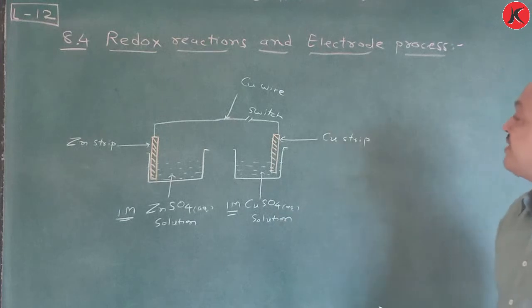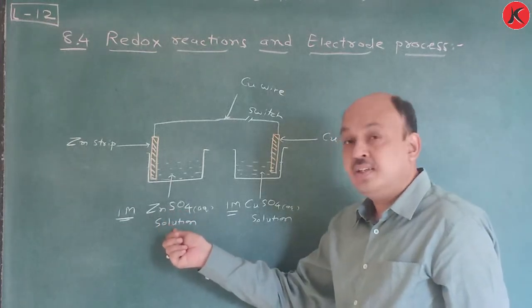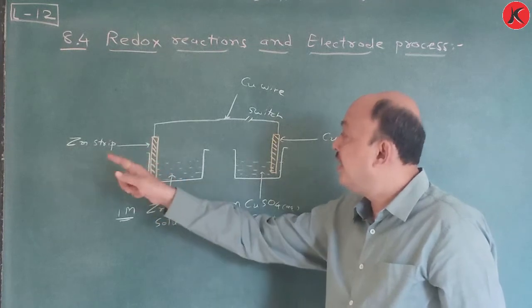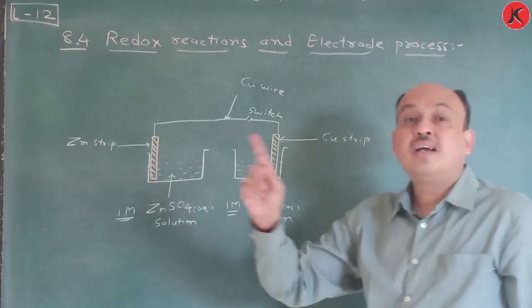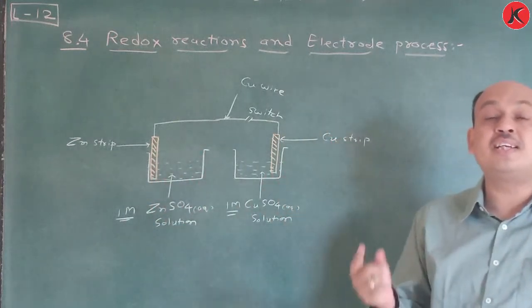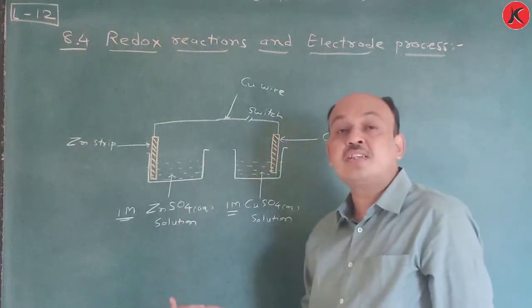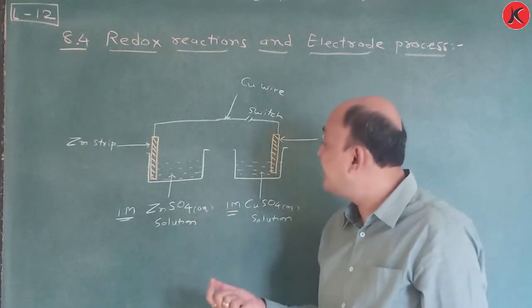So here, the Zn strip is in ZnSO4 aqueous solution. That Zn strip is considered as an electrode. This Zn strip is itself an electrode, and it is nothing but a metal electrode on which an oxidation reaction or reduction reaction occurs.